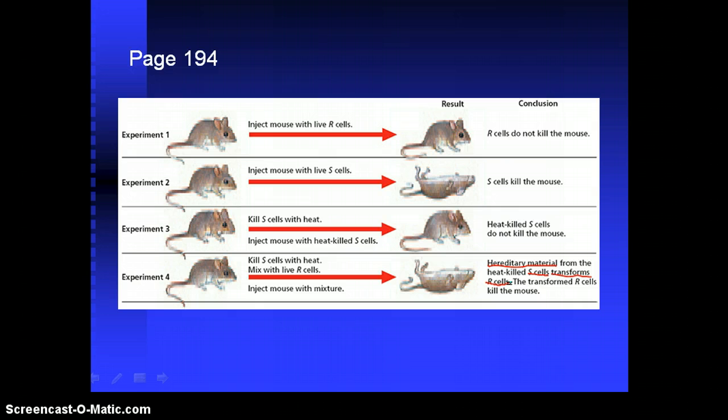And so the cell itself was dead, but not the hereditary information. And so that hereditary information basically took over that live R cell and then caused that mouse to die. So this was the point of transformation, or transferring DNA from one cell to another.